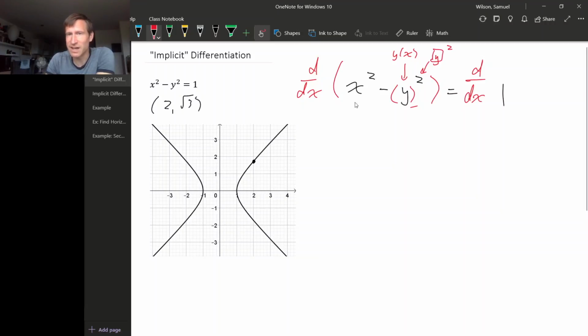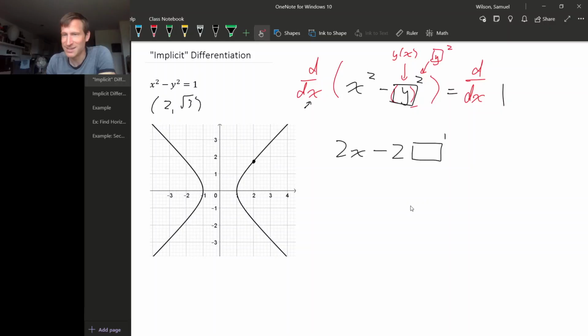So on the left-hand side, the derivative of x squared is no problem. That's 2x. Minus, and now the derivative of y squared. So here's where we have to be careful. This has an inside and an outside. The outside part is this squaring, so use the power rule for the derivative of the outside: 2 times the inside to the first.